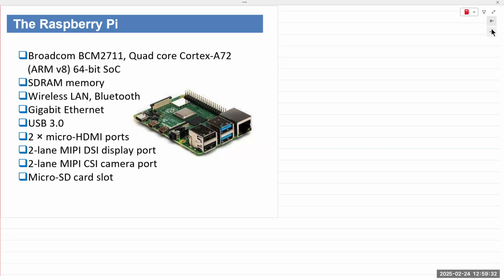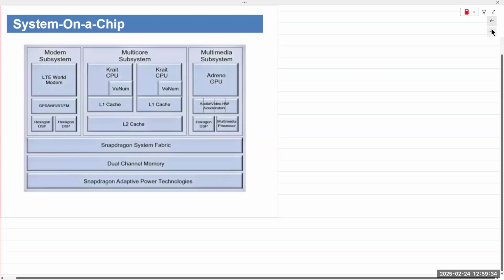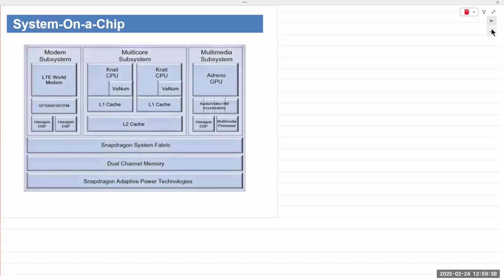All right, and then we have a system on a chip, which is what we use nowadays inside every smartphone or tablet. A system on a chip basically incorporates pretty much everything that you need to run an entire computing system. It has a CPU, it has memory, it has modems, it has sensors, lots of things that can be integrated on one chip itself.